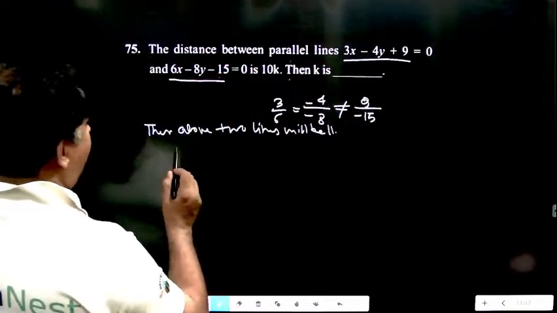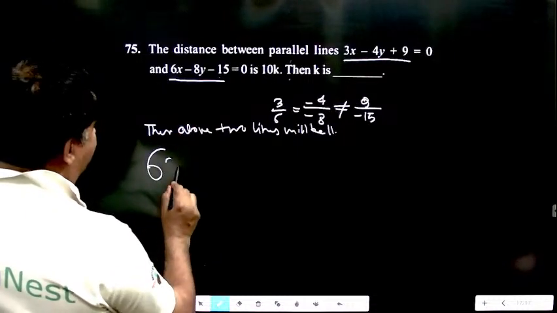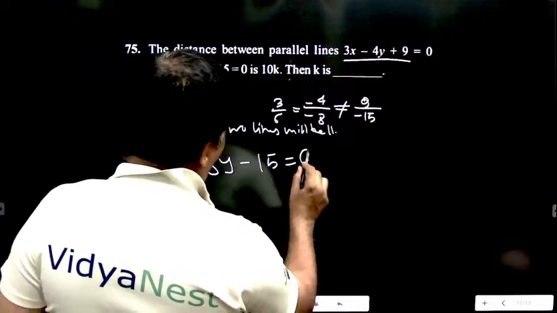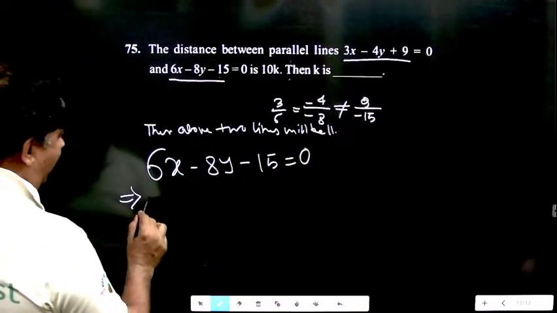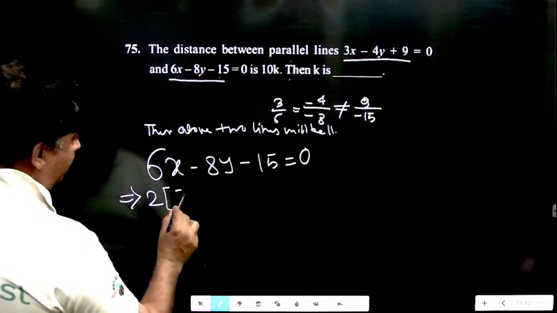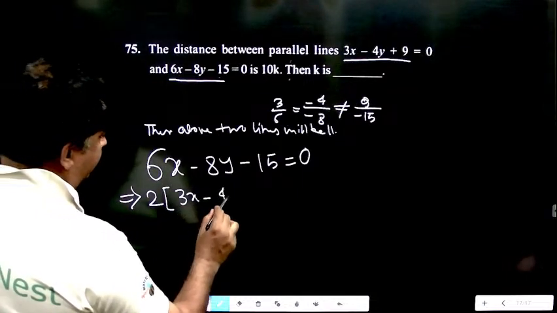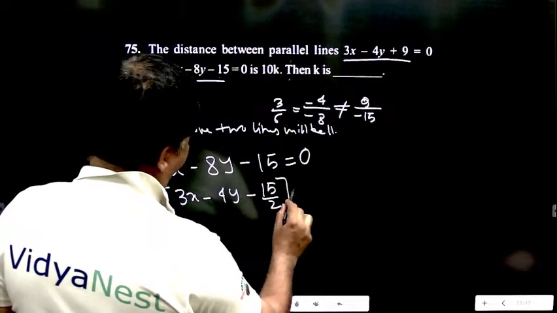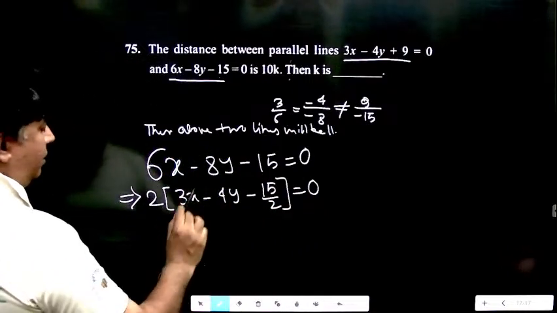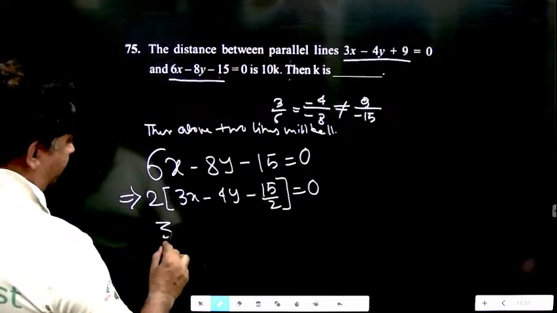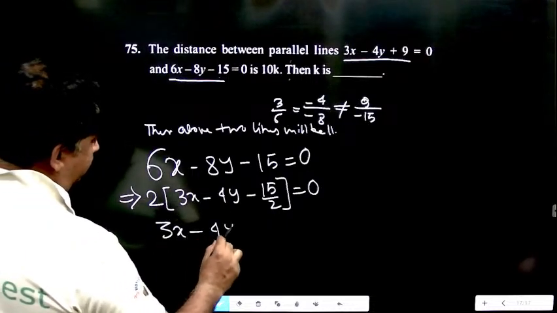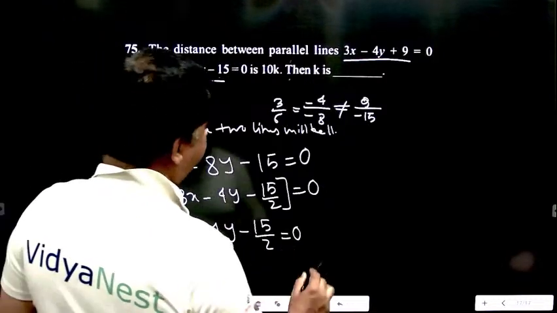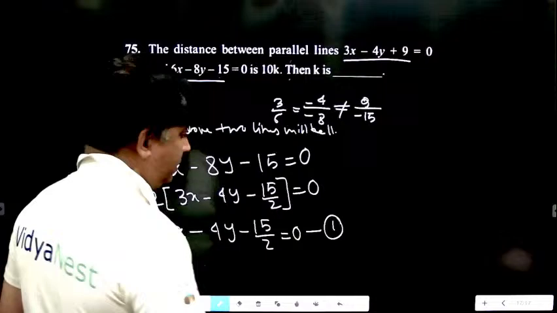So from this 6x minus 8y minus 15 equation I can extract 2. That 2 will get cancelled with 0. This is equation 1.